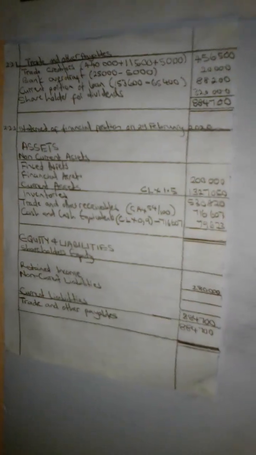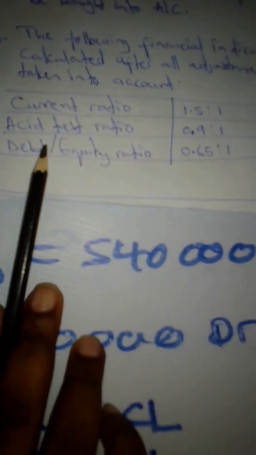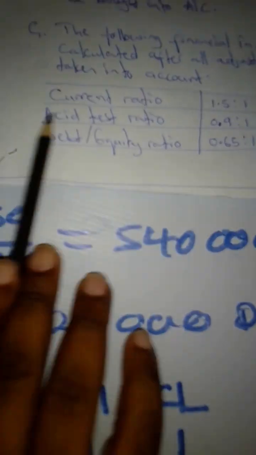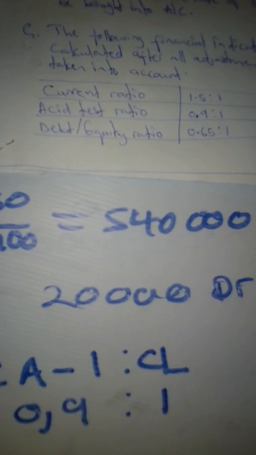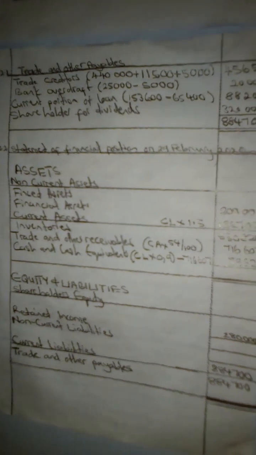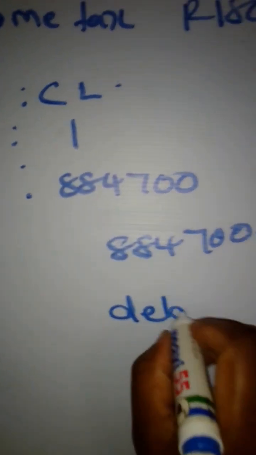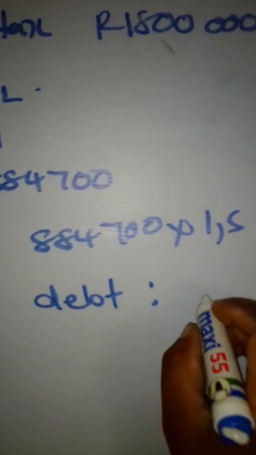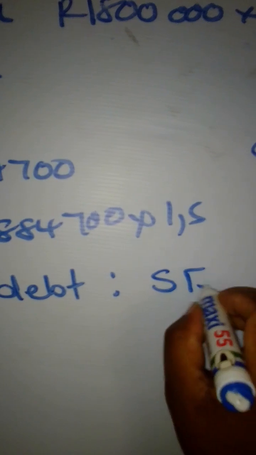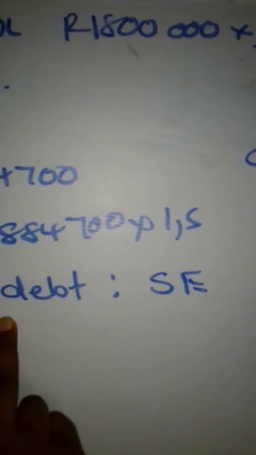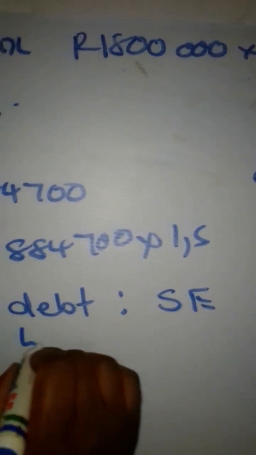What else? Okay, let's look at the ratios that we are given and find out what else we can calculate. Current ratio, we've used it, the asset test. The debt equity ratio, we can use it to find the shareholders' equity that we do not have here. So if they are saying the debt equity ratio, it simply means debt as to shareholders' equity. And the debt that is given there, it is the loan, is it?